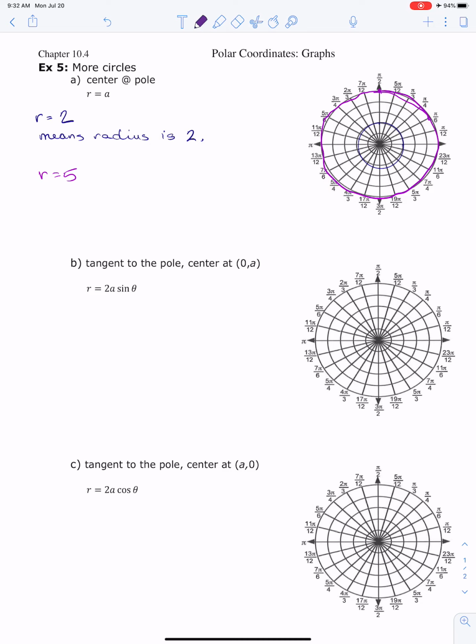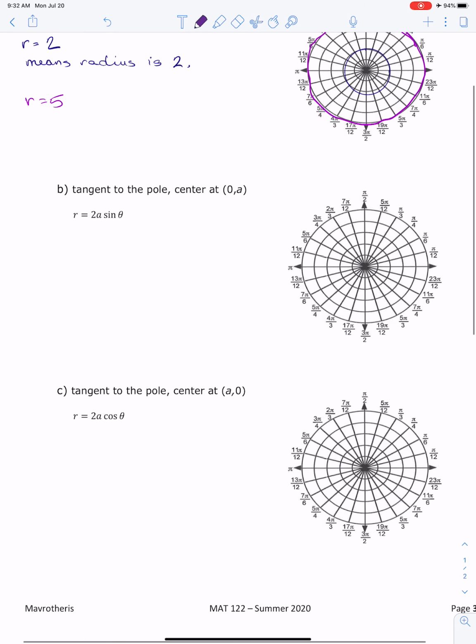B, the second set of circles we're going to look at are tangent to the pole with the center at 0, A over 2, so halfway between the pole and your maximum. This is the kind of circle we just looked at on page 2. It reflects across that vertical axis, the line theta equals pi over 2.